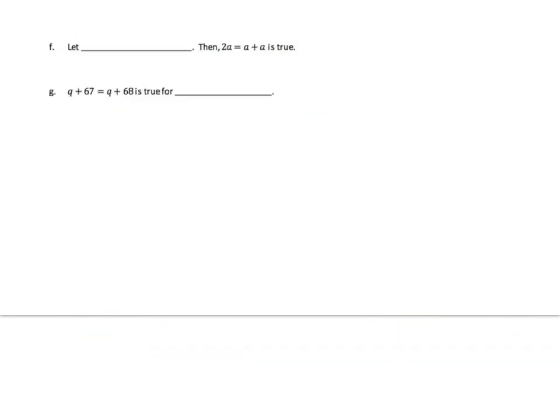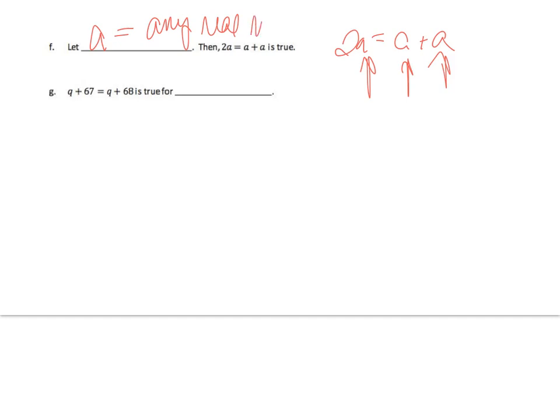All right, last slide. Let a equal blank, then 2a equals a plus a is true. I think that works for anything because 2a equals a plus a is actually true. So no matter what I put in for a, I'm going to get a true statement. So I can say a equals any real number.